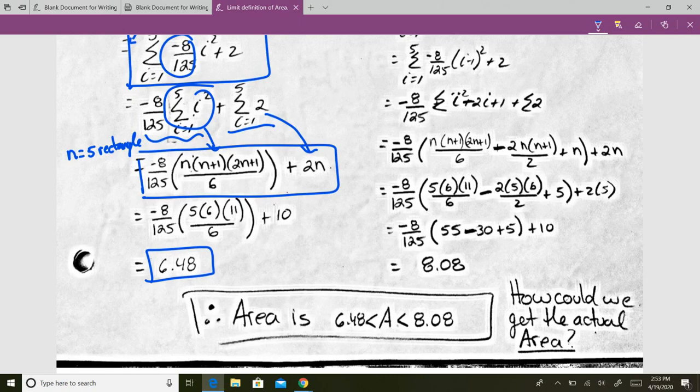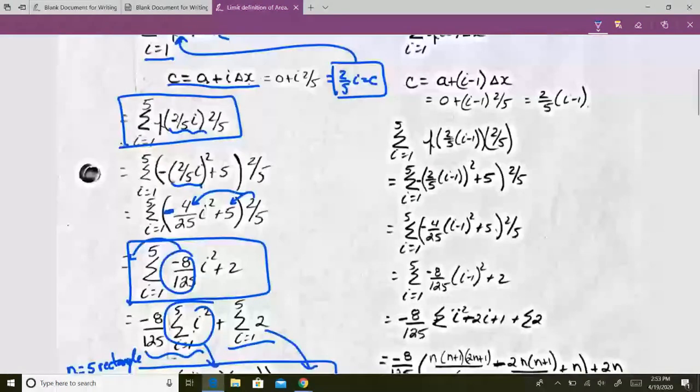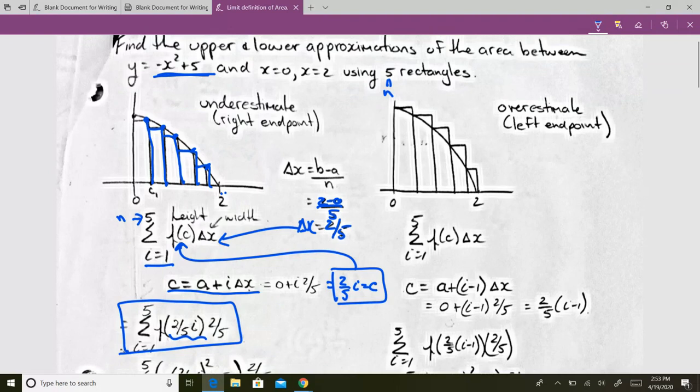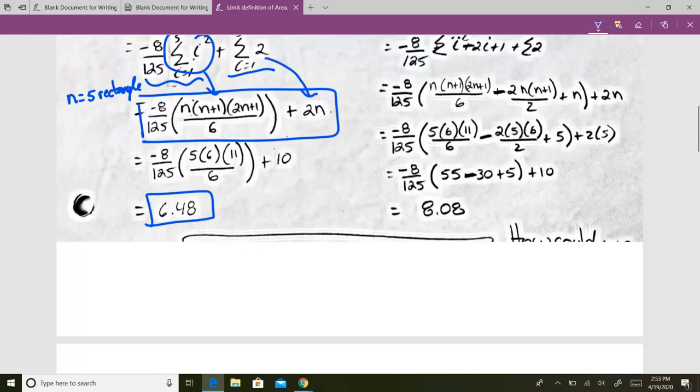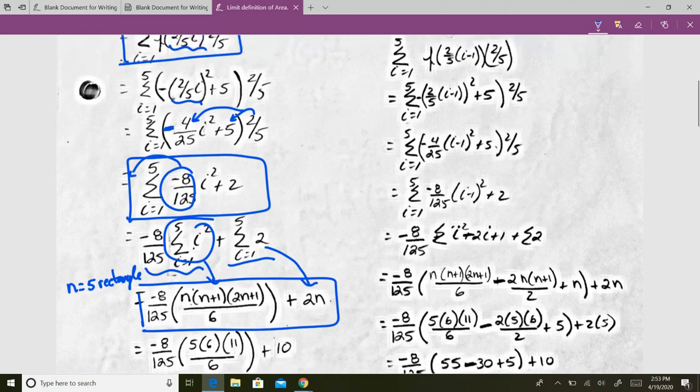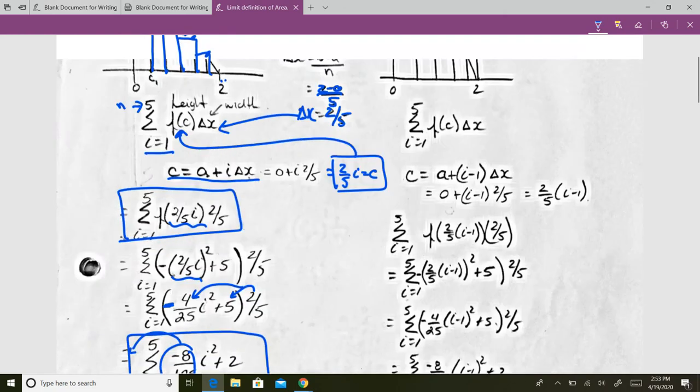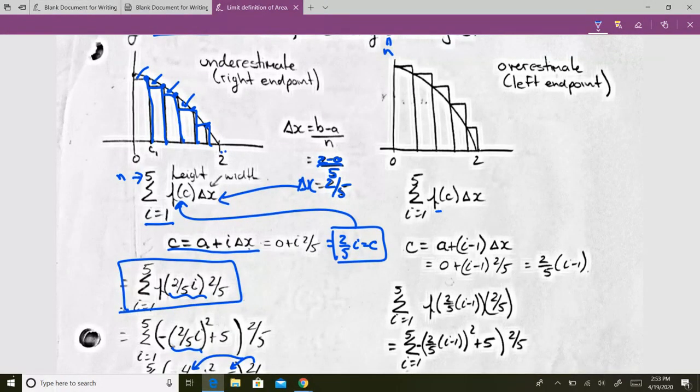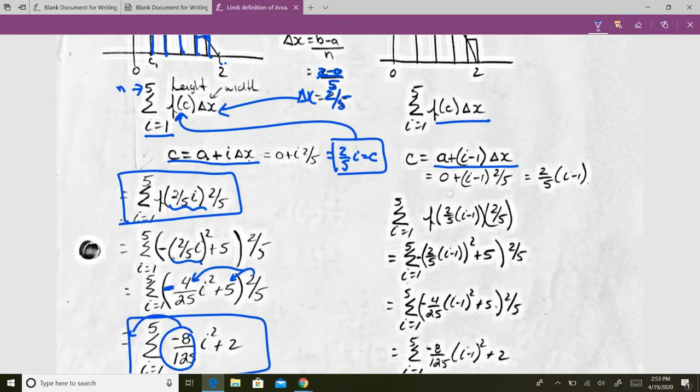Okay? And because that was the underestimation, because we're missing all this stuff in there, that's the lower value, 6.48. If you want to do the overestimation, it's the same formula, except your c value is going to be a plus (i minus 1) delta x.